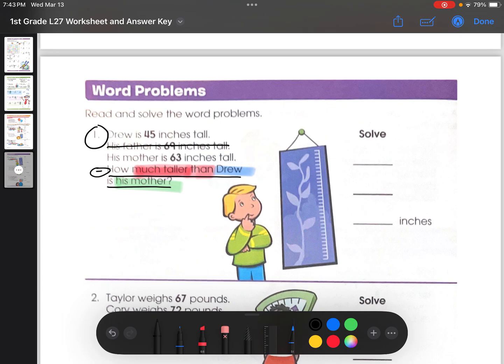So what we will do is get the bigger number, which is his mom, 63, and then minus Drew's height, 45 inches. And 3 minus 5 we cannot do, so we will have to take 10 from the 60, make it 50, donate it to the 3, making it 13 instead of 3. And 13 minus 5 is 8. And 5 minus 4 in the tens place is 1. So the answer is 18 inches.